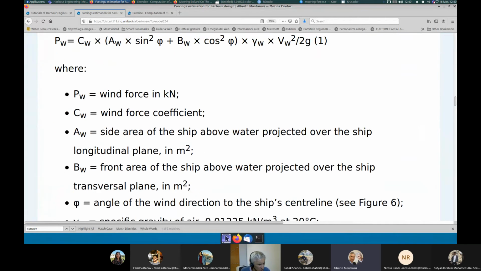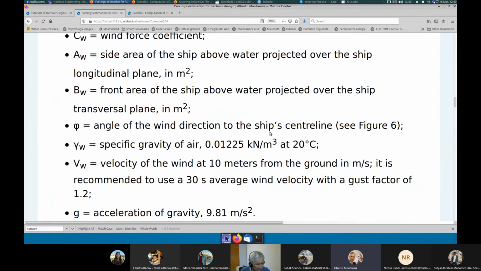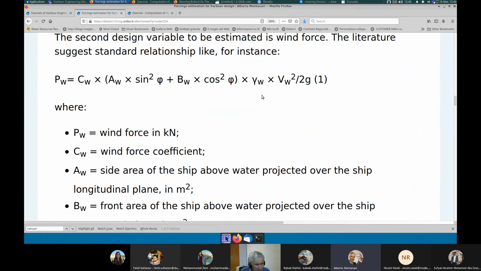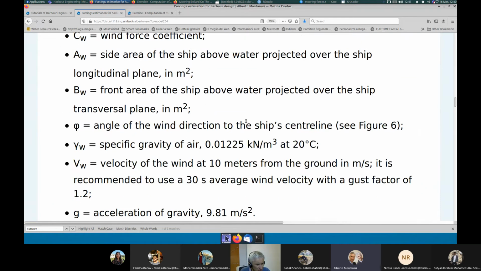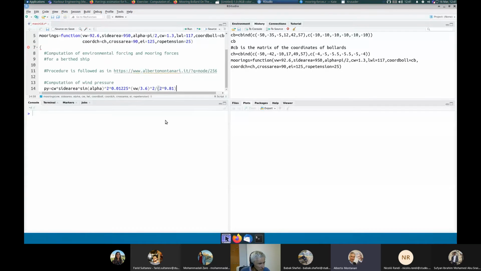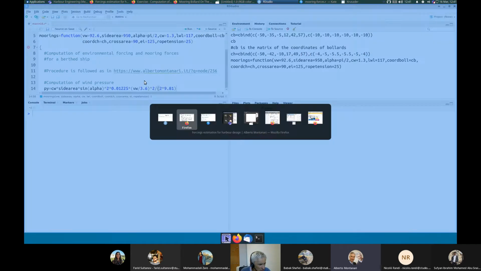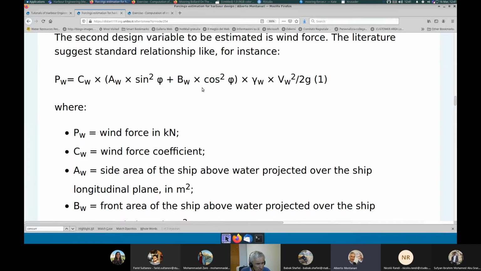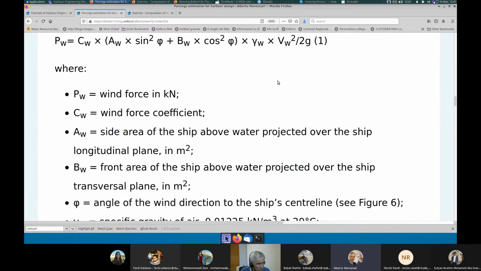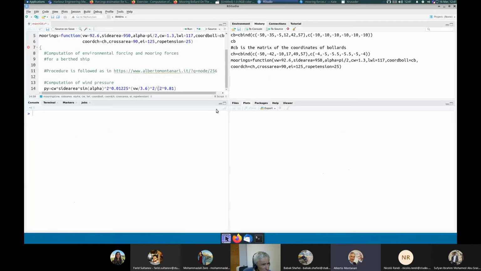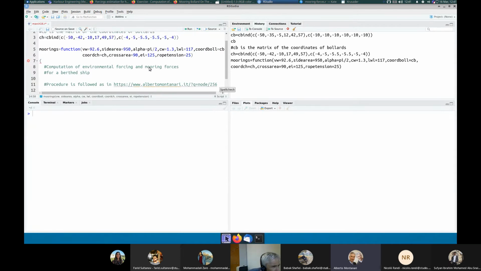Okay, let me see. I don't understand, because there is the density of air, which is 0.01225. Let me see what I did here. It's okay, density of air, and then there is wind velocity squared divided by 2g. Let's look at what the wind velocity is.